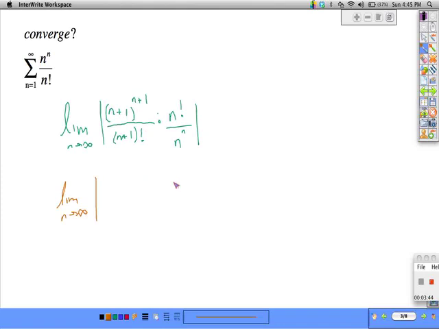And with some simplifying, we see that some stuff does cancel.